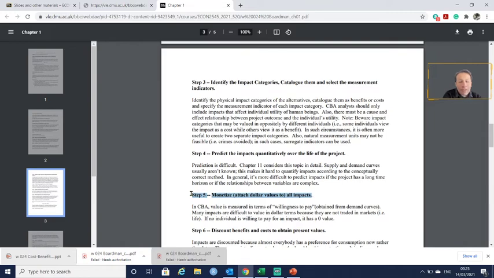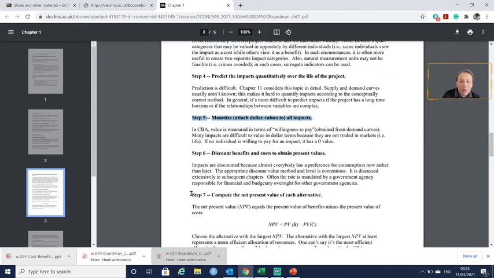Step number 6, sorry, is to discount benefits and costs to obtain present values. So choosing a discount rate is very difficult, and we talked about that. Usually we said during the previous session that the treasury bill is used as a discount value. So impacts are discounted because almost everybody has a preference for consumption now rather than later. So the appropriate discount method and level is contentious.